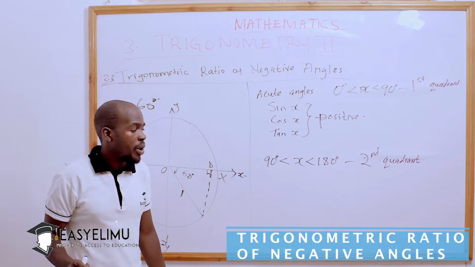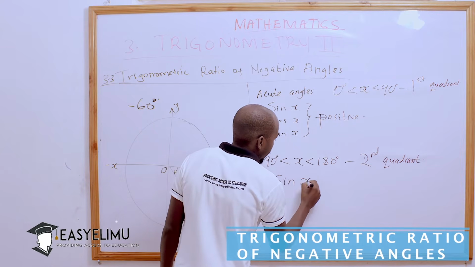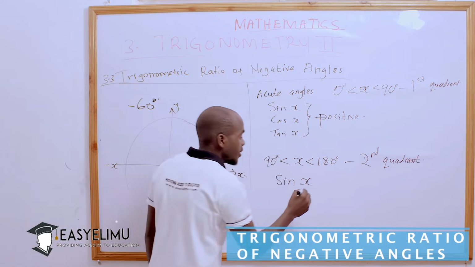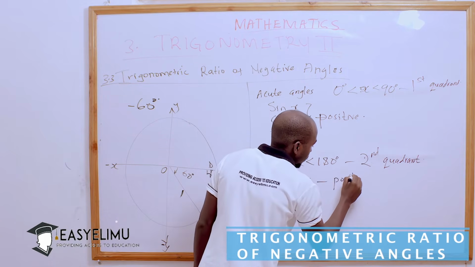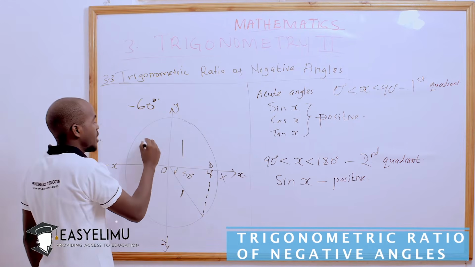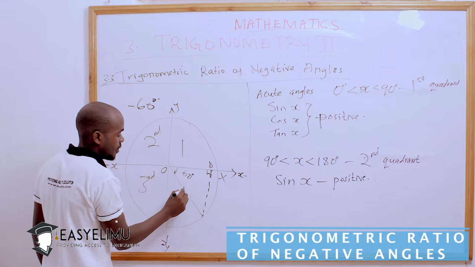This is the first quadrant, this is the second, this is third, and this one is the fourth.